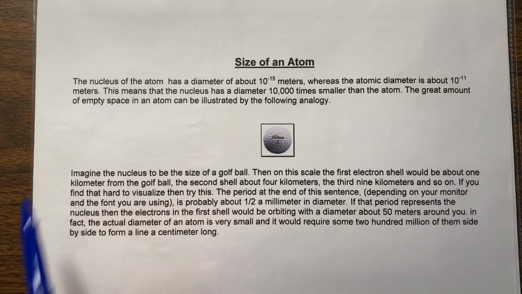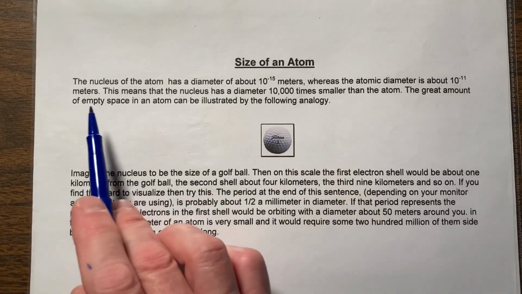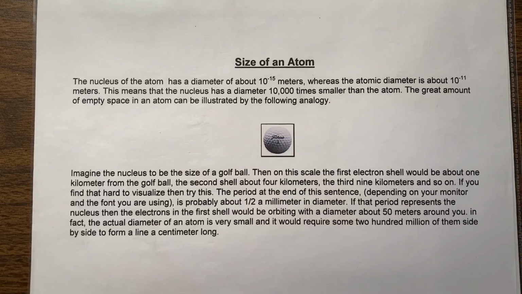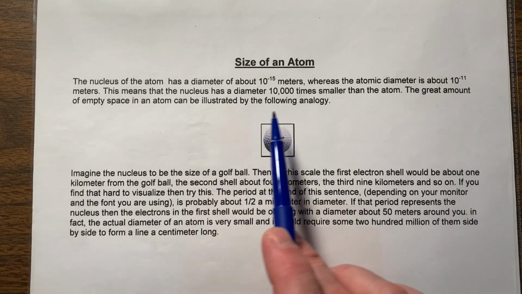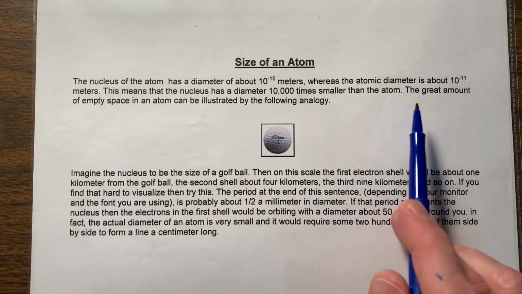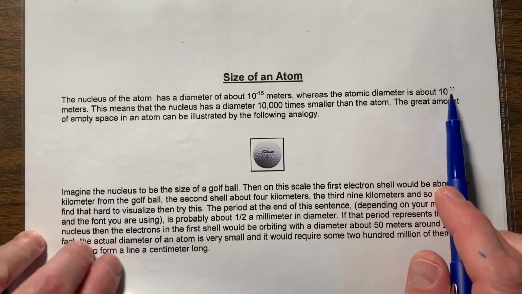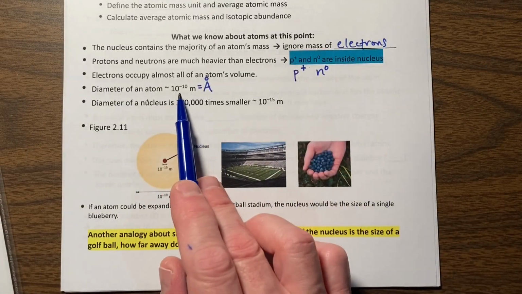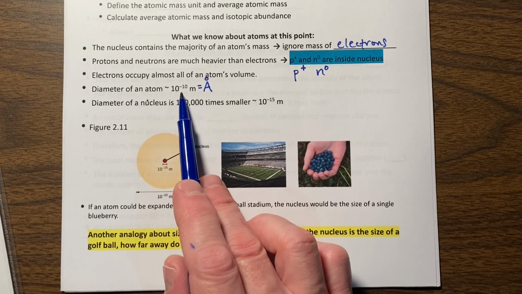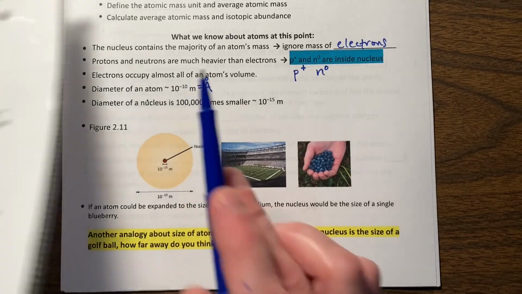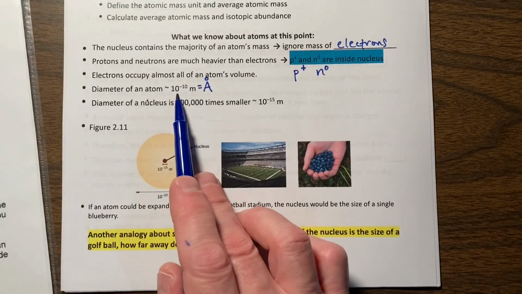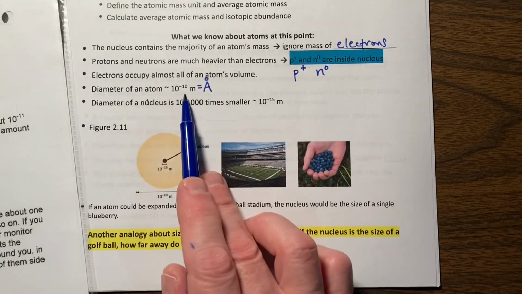So this is called the scale model. You might have made a scale model of the solar system when you were in grade school to show you how far apart the planets really are. The nucleus of the atom has a diameter of about 10 to the minus 15th, whereas the atomic diameter is 10 to the negative 11th. Well, I said it was 10 to the negative 10th. This is what you'll also discover when you take science classes. Depending on the source of your information, maybe Wikipedia or some other source, you can get conflicting information.